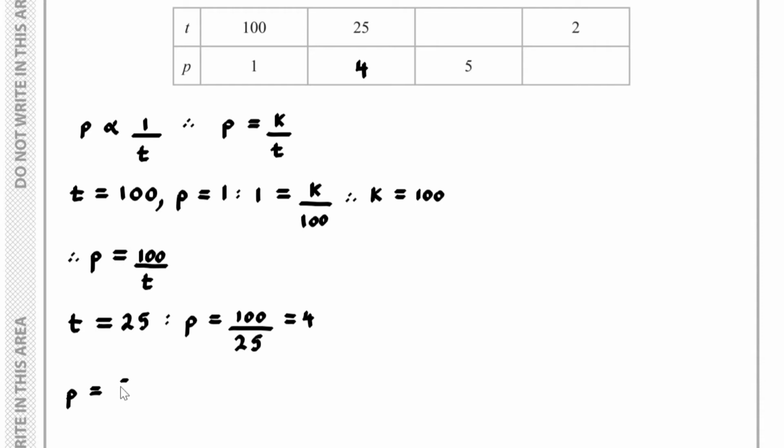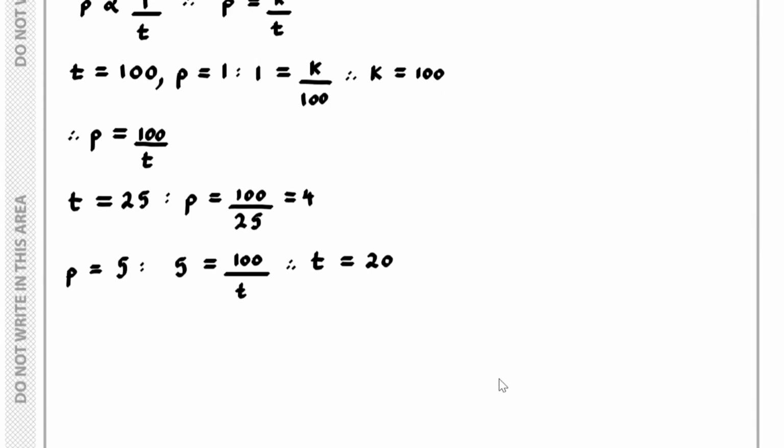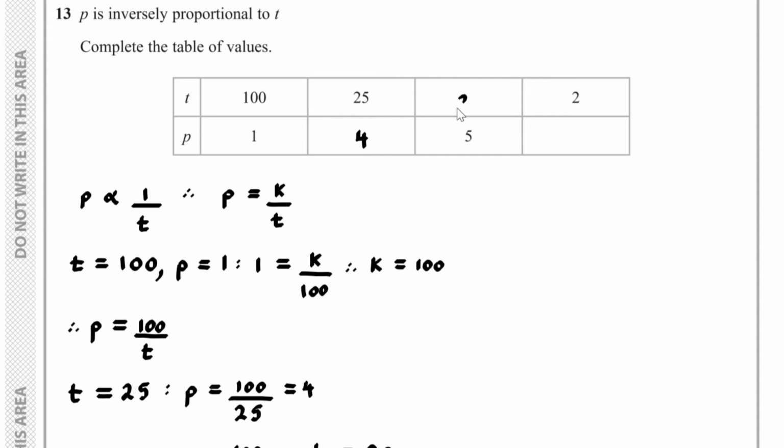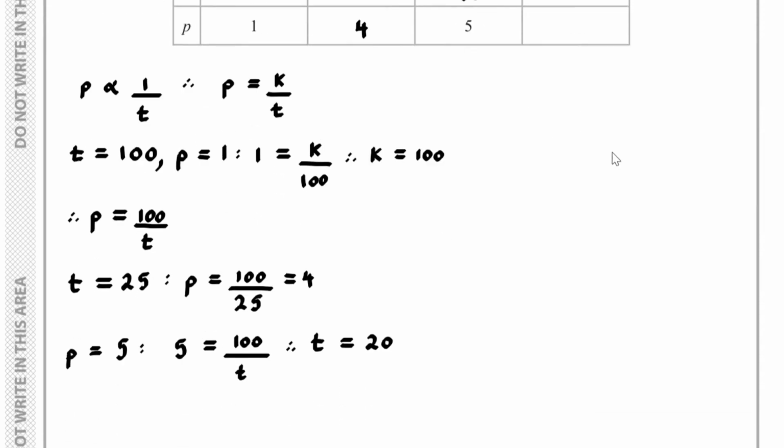When P equals 5, 5 equals 100 over T. 100 divided by something is 5. That something is 20. So T is equal to 20 when P is 5.